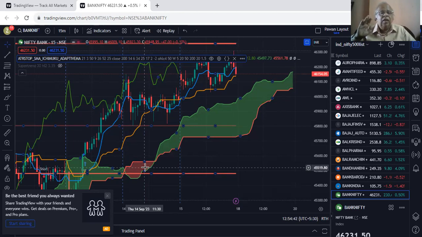Whereas if the price reaches the cloud downward from above, or price is below the cloud, in both cases the price is said to be entering the bearish phase, or price is in the bearish zone.